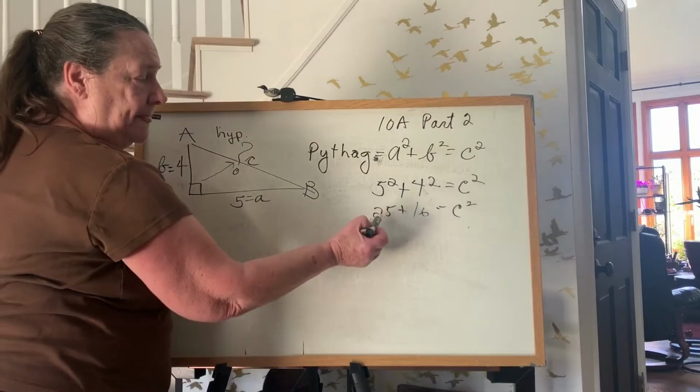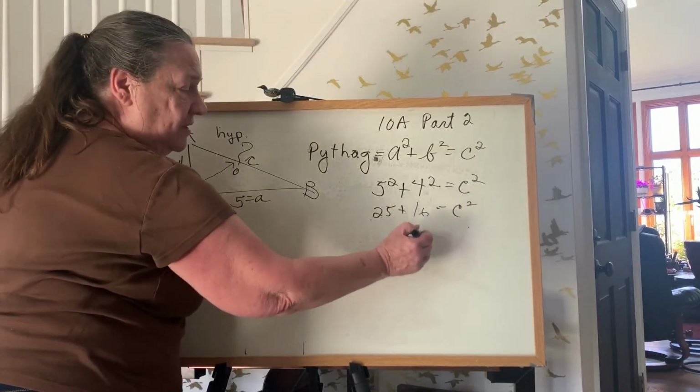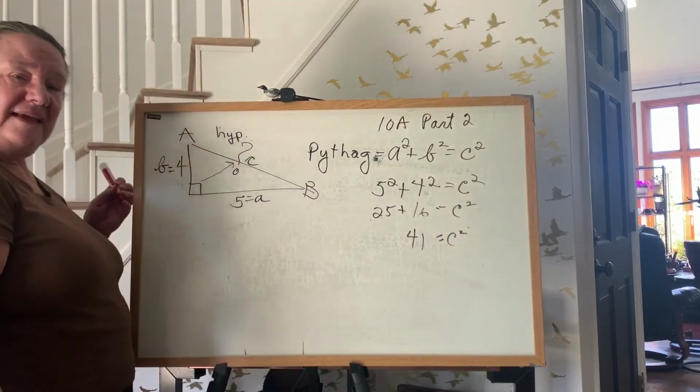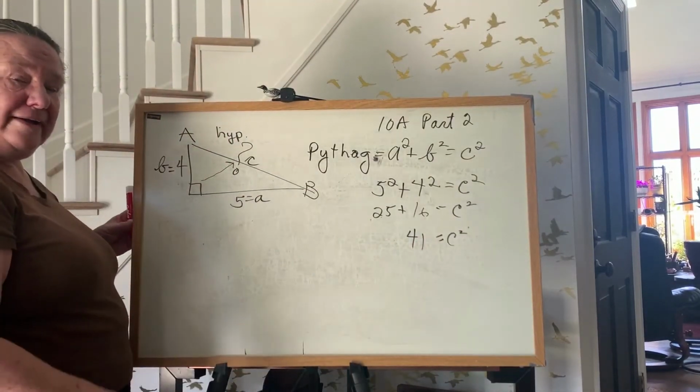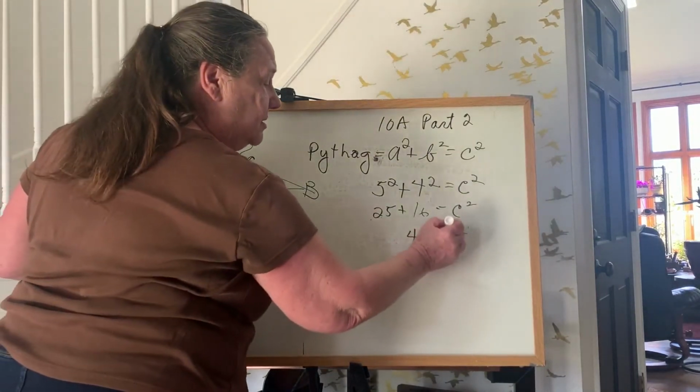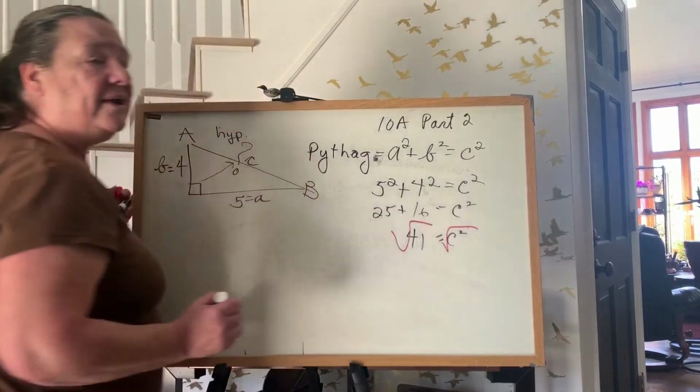So now 25 and 16 is 41 equals c squared, okay? You might think that's wonderful, however, you're not done. You have to find the square root of c squared.